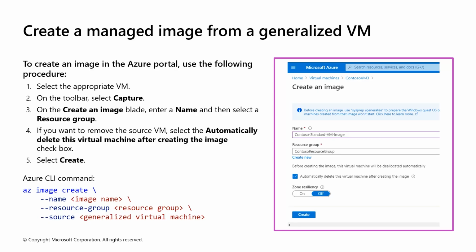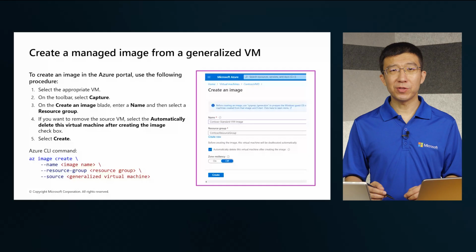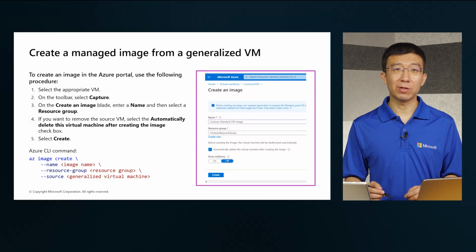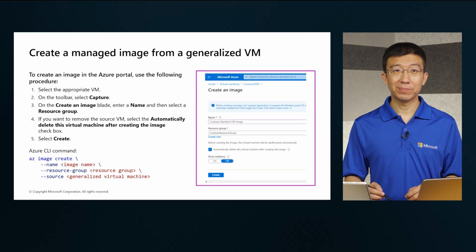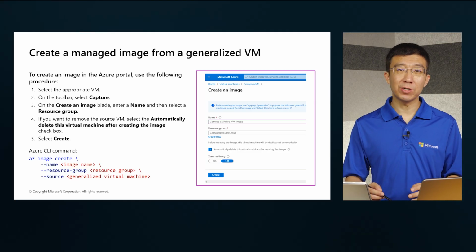If you want to remove the source VM after creating the image, check the box to automatically delete it. Click Create to finish. You can also use the Azure CLI or PowerShell commands to create images programmatically. This makes it easy to reuse your VM configurations for future deployment.